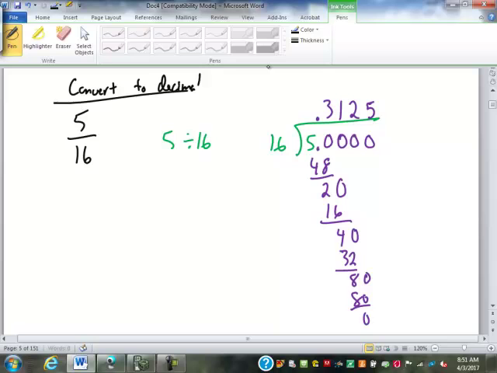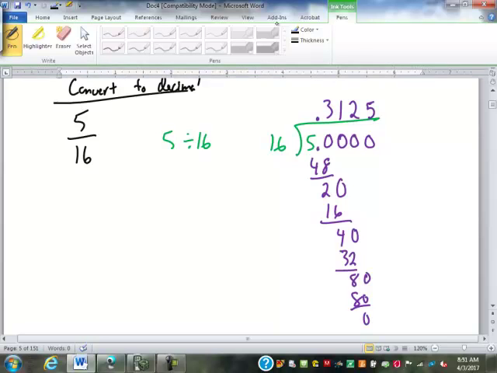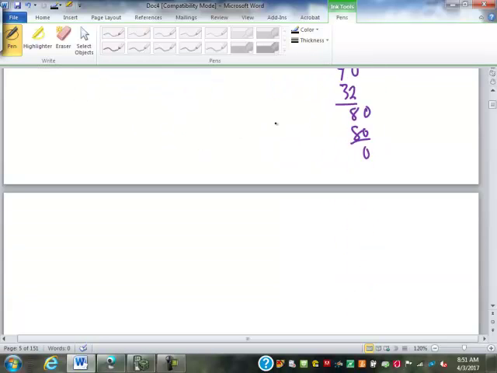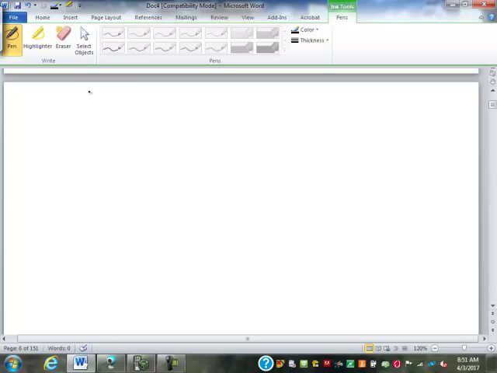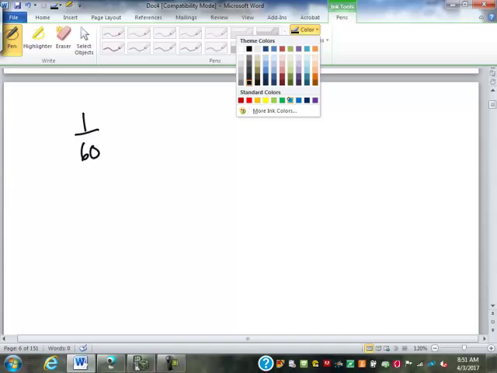The tricky part is when they don't stop there. We might have something like, oh, let's see here. 1/60th.